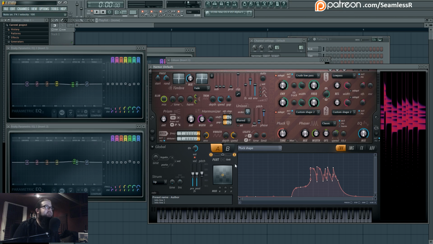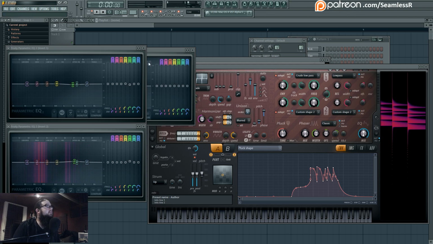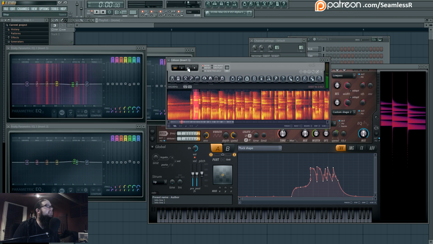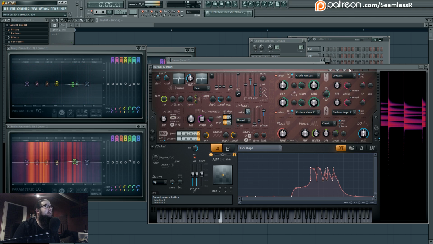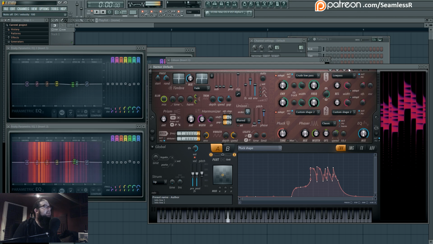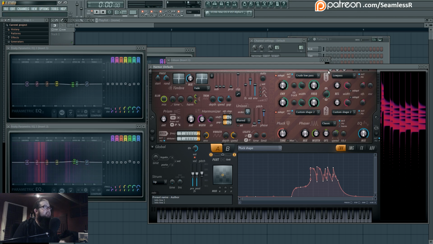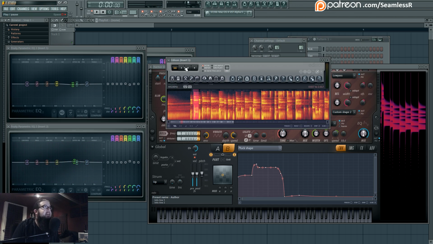That's pretty all right. And I actually did that for the second part because if you look at the lower note here, look at how many harmonics there are.